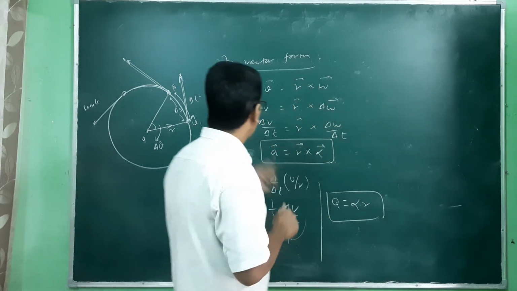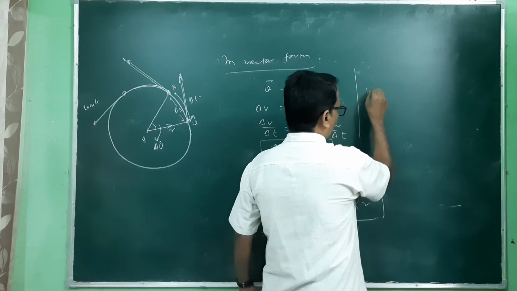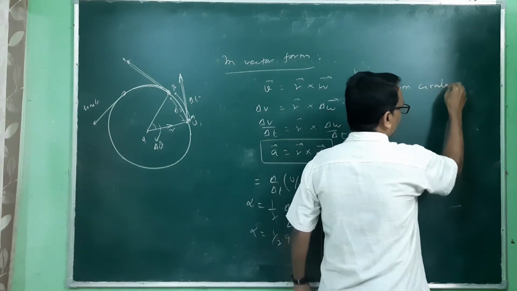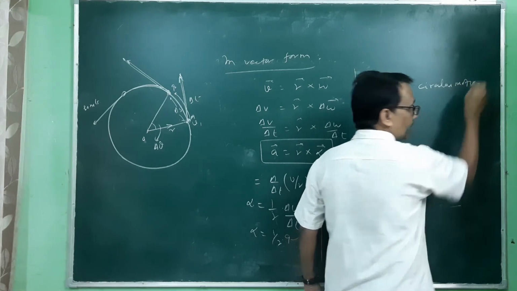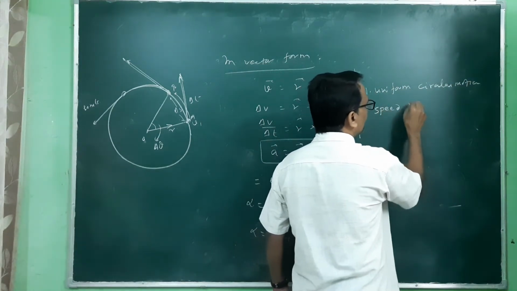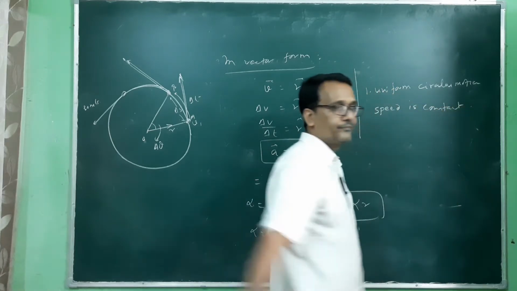So this circular motion can be divided into two forms. First, uniform circular motion. Uniform circular motion means the speed is constant. Sorry, the speed is constant.